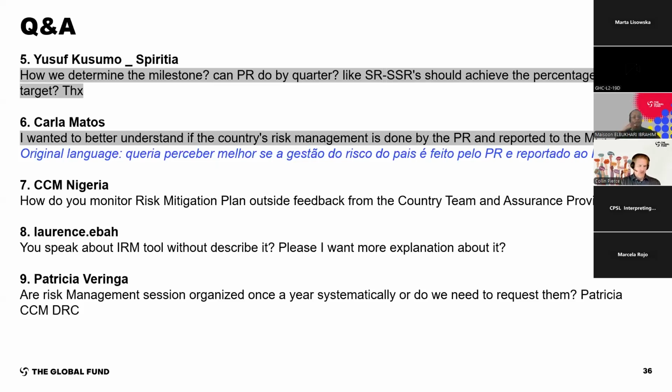CCM Nigeria asks: how do you monitor the risk mitigation plan outside feedback from the country team and assurance providers? I think for the CCM, because of its oversight role, in the CCM oversight plan you usually have certain risks to be mitigated. The CCM Hub is planning a number of trainings and interactions with the CCMs so that you have your risk mitigation plan, and the oversight committee would monitor its implementation, and then you report it to the CCM.